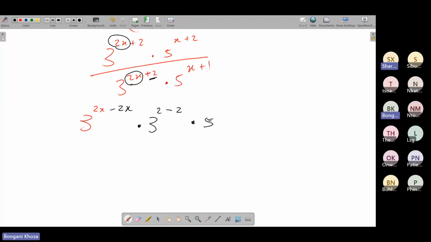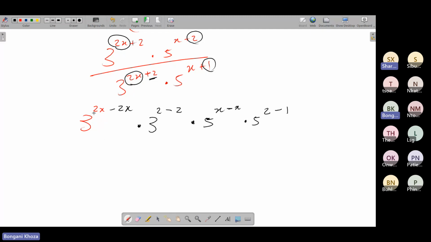We have 5 exponent x, there's no other 5 over here with a variable exponent. We check below, we have 5 exponent x like that, so this becomes minus. We are done with that one. We have 5, this exponent which is 2, and this exponent which is 1, so it will be minus 1. It's minus because we are dividing over there. So this is what we have.